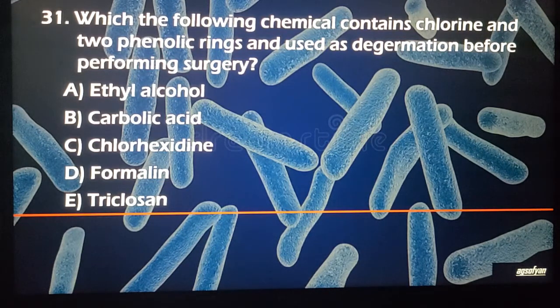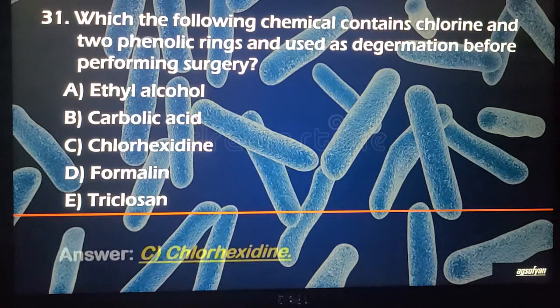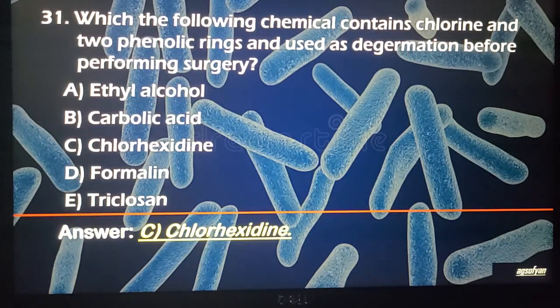Choose your answer. Yes, the answer is chlorhexidine. Again, chlorhexidine is the most common type of chemical used for degermation. It contains chlorine and 2 phenolic rings.